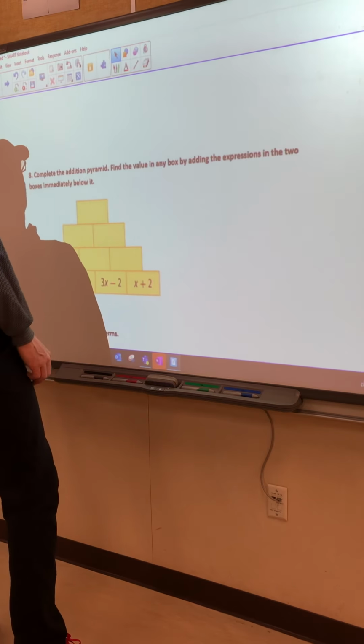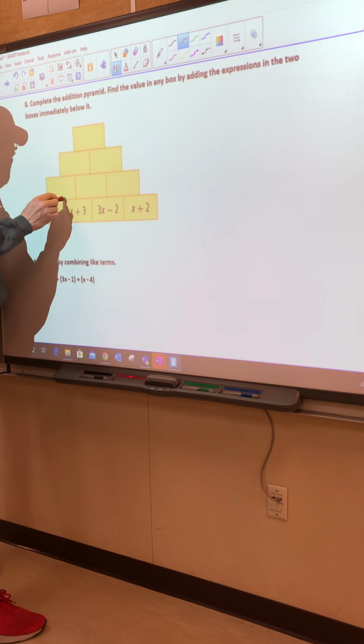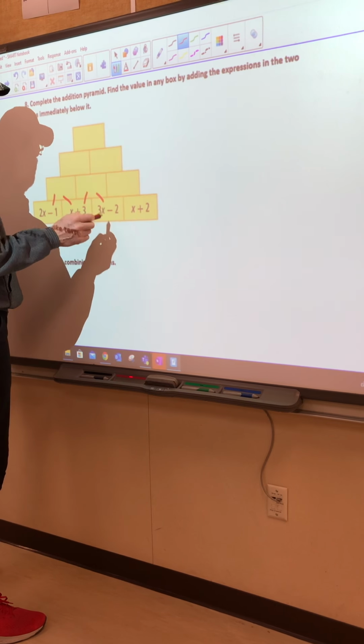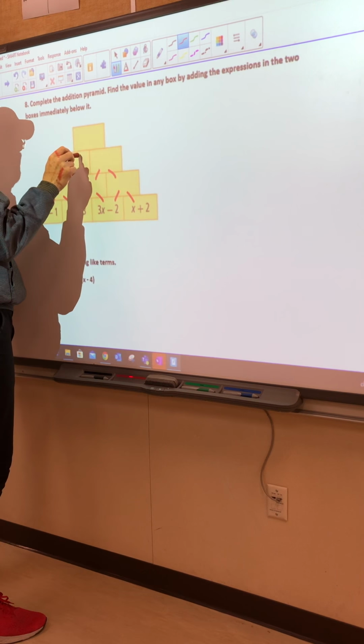Complete the addition pyramid. Find the value in any box by adding the expressions in the two boxes immediately below it. Okay. So I think you just add these two, put them there. Add these two, put them there, and keep going up the pyramid.